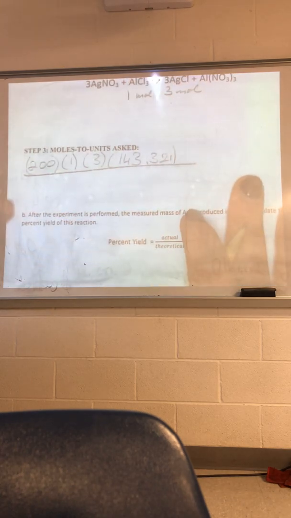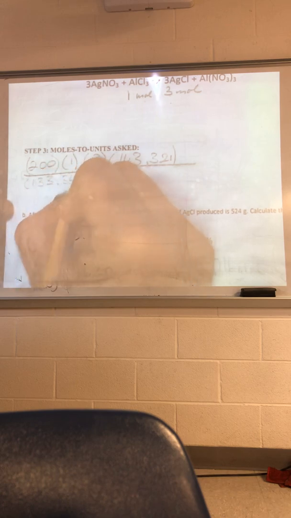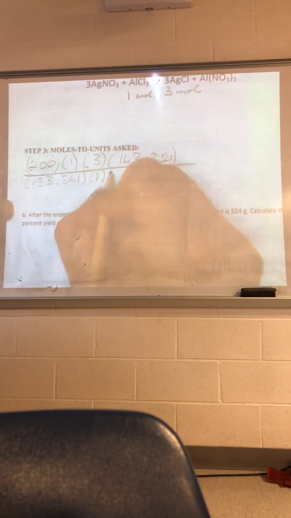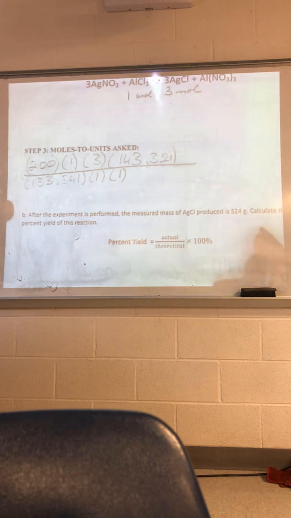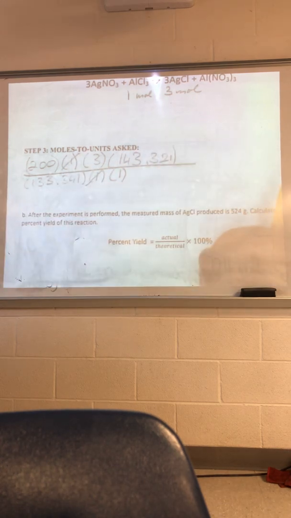This is what it looks like in the calculator. So far, so good? Alright, my ones cancel. And then, pull out your calculator and let me know what I get.